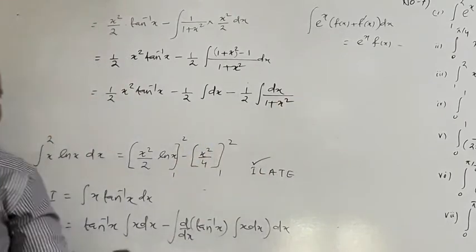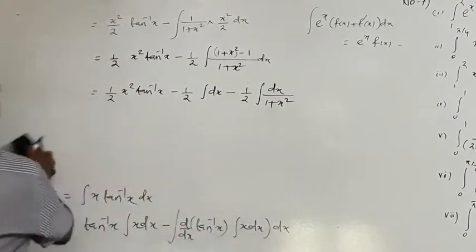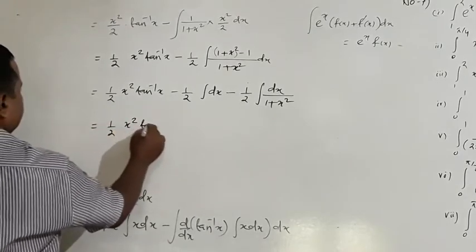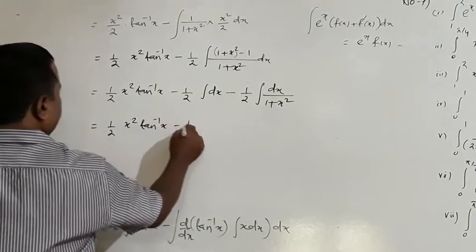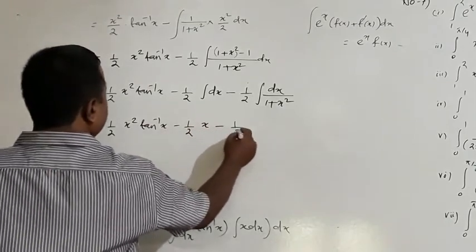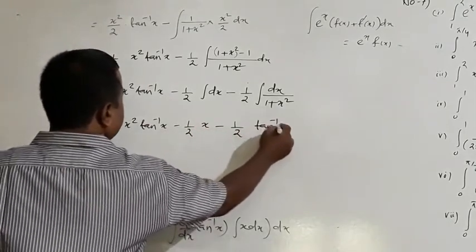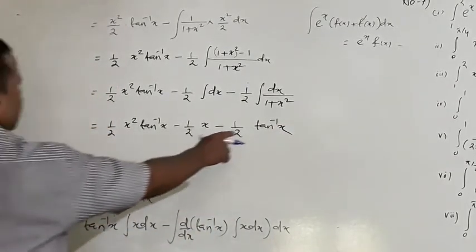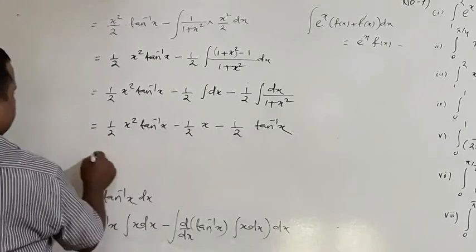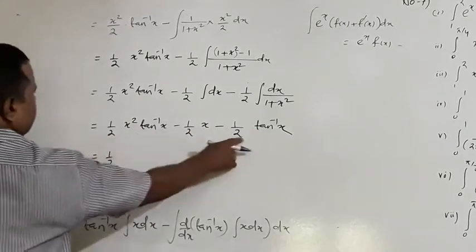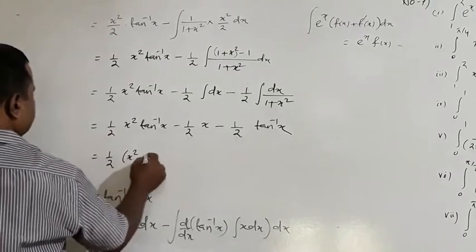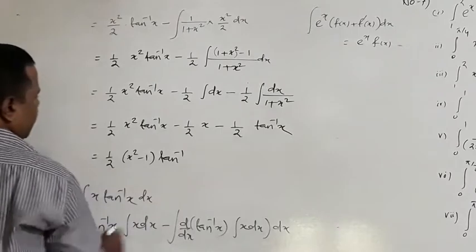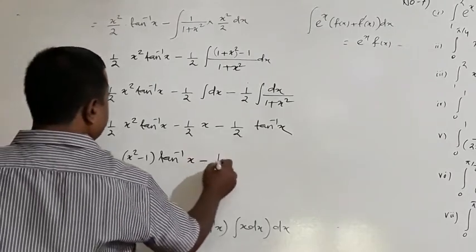The result is 1 by 2 x square tan inverse x minus 1 by 2 x minus 1 by 2 tan inverse x. Then you can observe that half tan inverse x and half x square tan inverse x. So I am taking common x square minus 1 times tan inverse x, okay, tan inverse x minus 1.